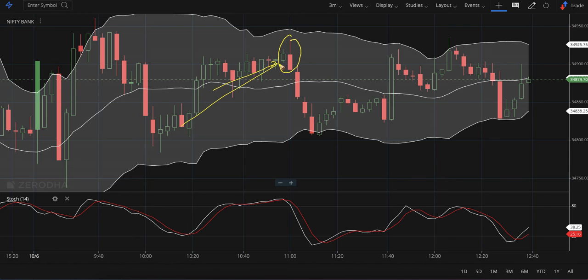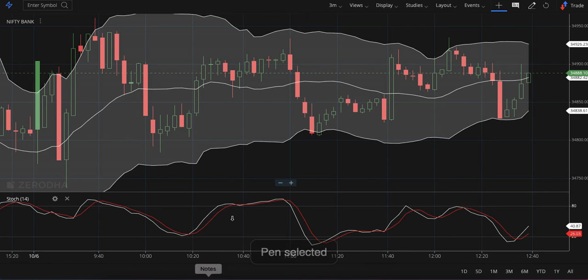The small bodies getting formed are the sign that the bulls are losing their strength, right? So that is one thing.